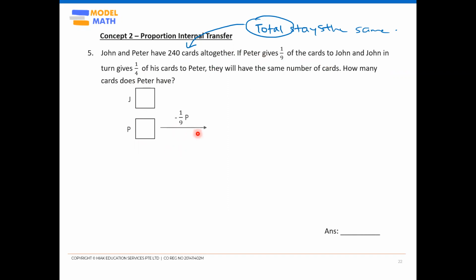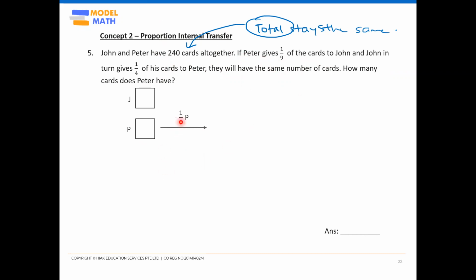For this kind of question, I would avoid using ratio. Based on all these key phrases that I teach you how to identify, the flowchart method does not require ratio, because if you use ratio, it will be difficult for you to figure out the common base, since it involves two internal transfers happening one after another.